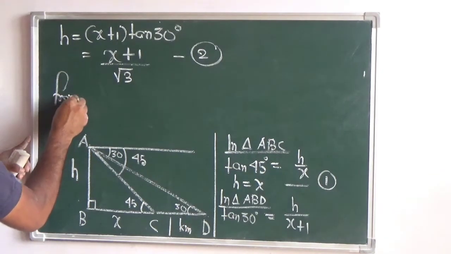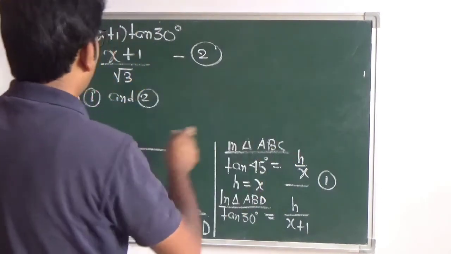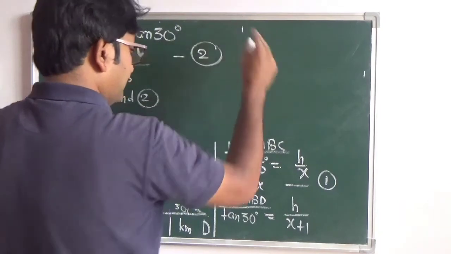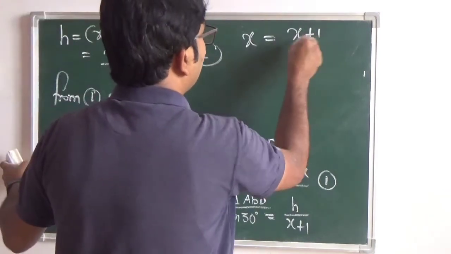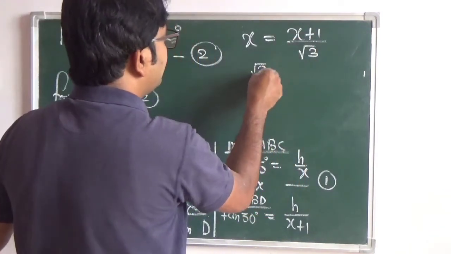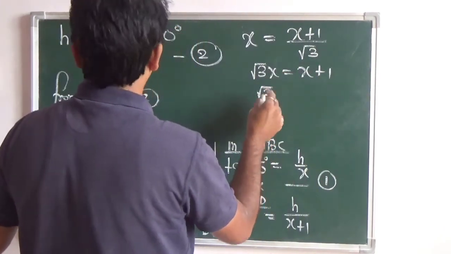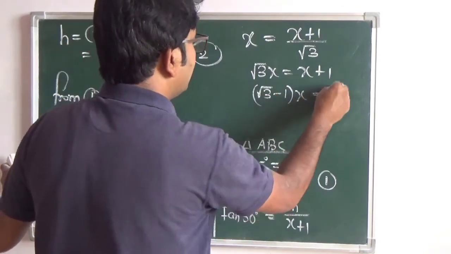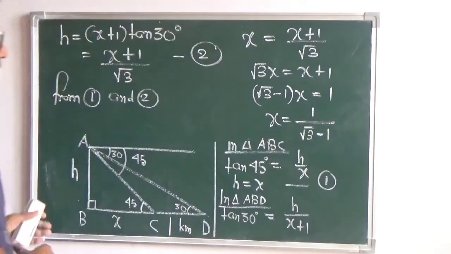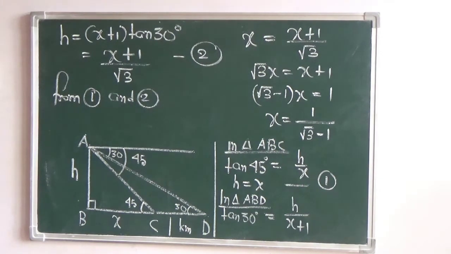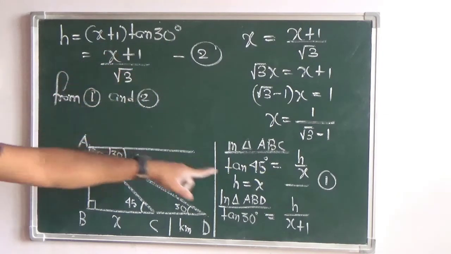So from 1 and 2 we have X is equals to X plus 1 by root 3, or you can write root 3 X equals to X plus 1, or root 3 minus 1 into X equals to 1, or you can write X equals to 1 by root 3 minus 1.